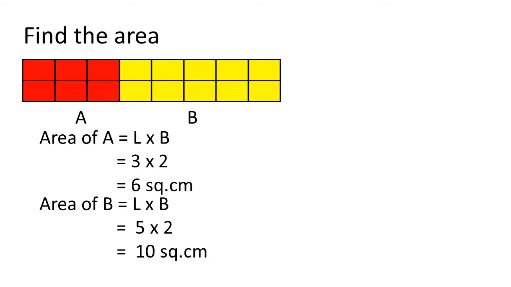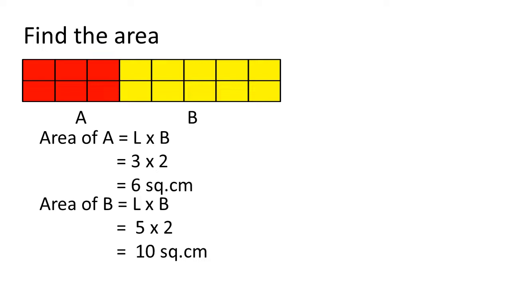Length is 5 centimeter and breadth is 2 centimeter. So 5 multiplied by 2. 5 twos are 10. So 5 multiplied by 2 is equal to 10 square centimeter. So area of rectangle B is 10 square centimeter while the area of rectangle A is 6 square centimeter.